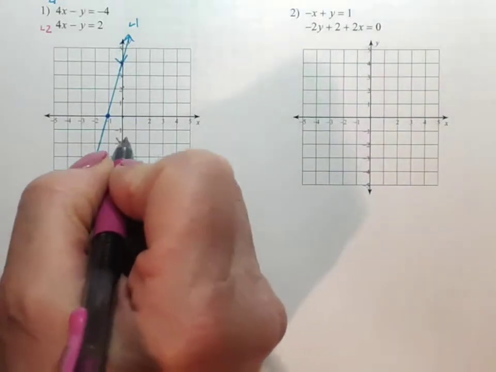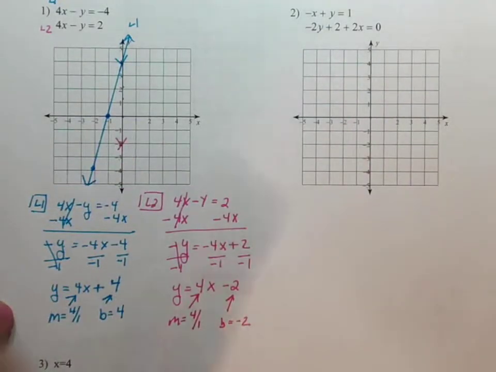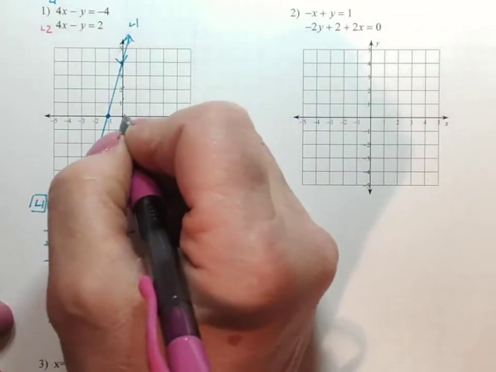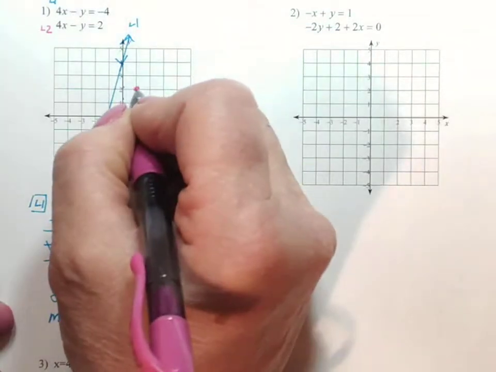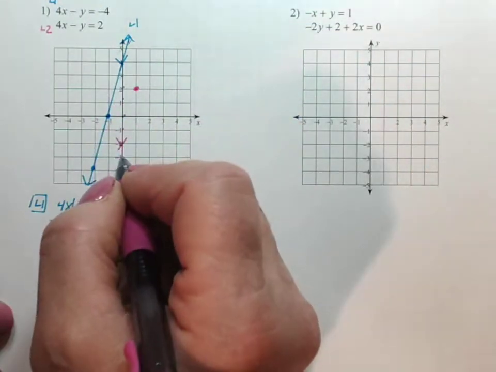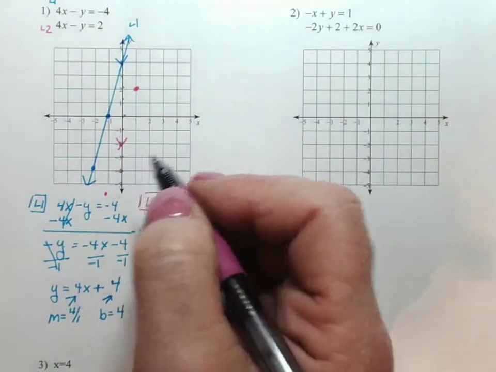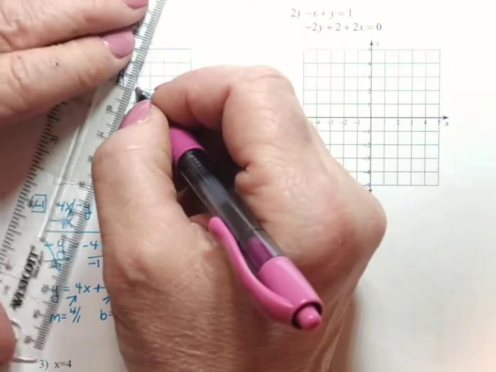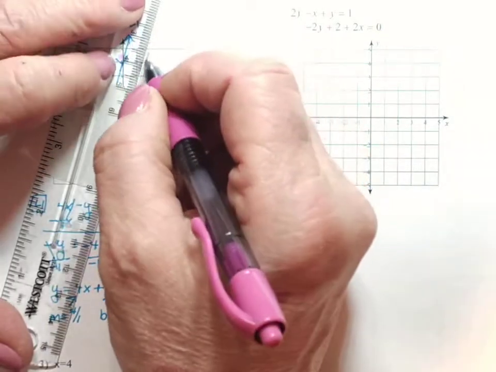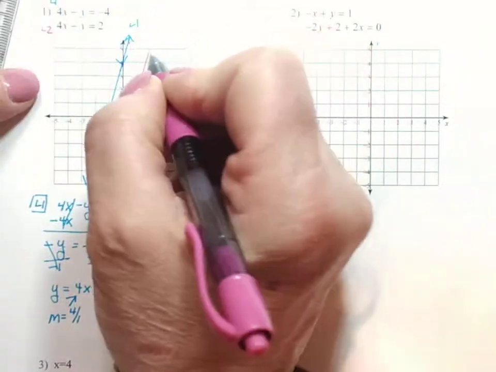We plot the y-intercept at -2. We go up 1, 2, 3, 4 over 1. Down 1, 2, 3, 4 over 1. And voila.